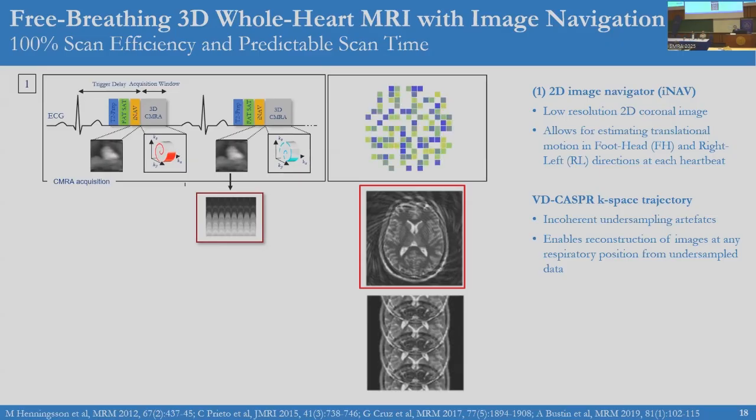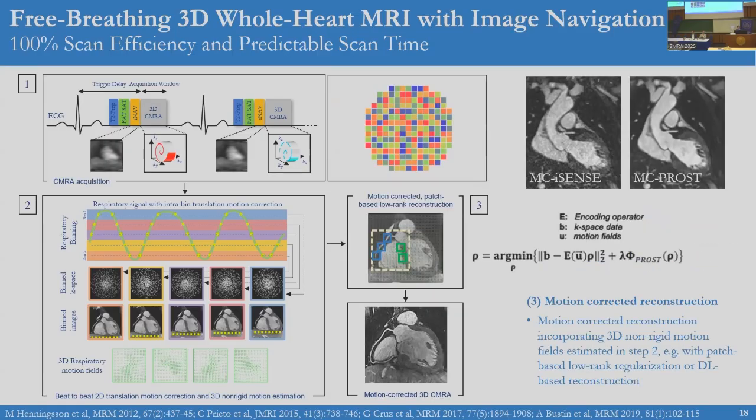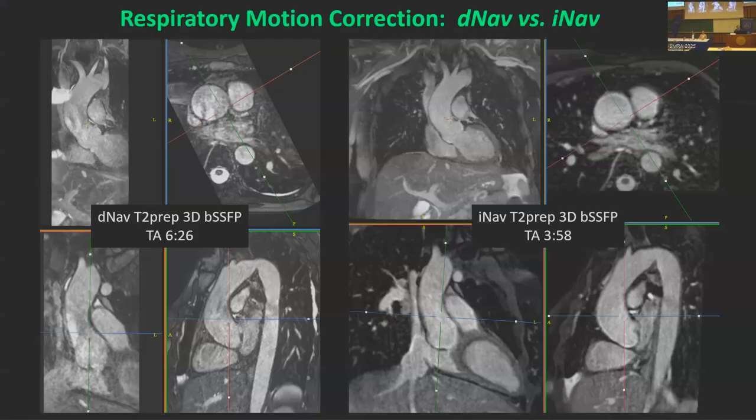It uses an interesting case-based trajectory that creates incoherent undersampling artifacts. They can then do non-rigid motion estimation and correction. And at the end of the day, they get, in relatively short scan times, very good, consistent image quality with nearly 100% scan efficiency.